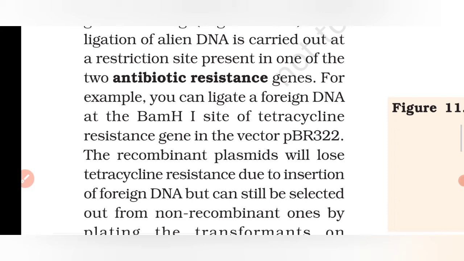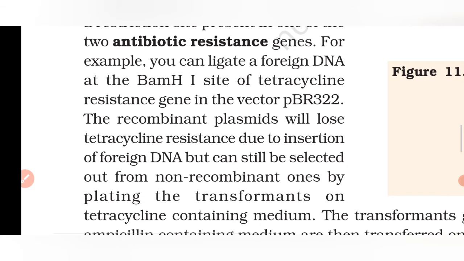For example, if you ligate a foreign DNA at the BamHI site of the tetracycline resistant gene in the vector pBR322, the recombinant plasmid, that is the plasmid having that introduced gene, will lose tetracycline resistance due to the insertion of foreign DNA in the middle of the tetracycline resistant gene.